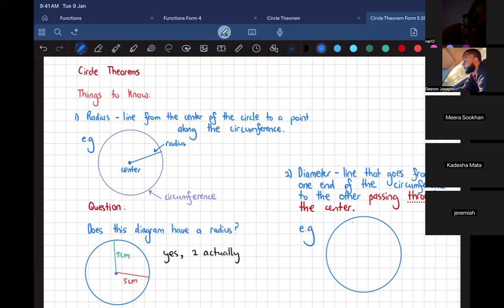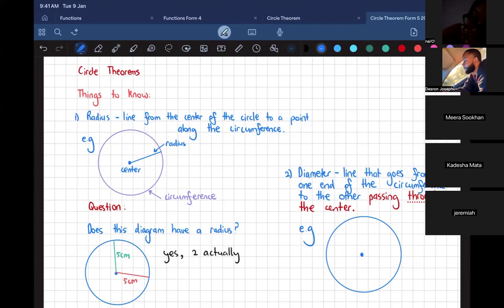So if I were to draw a line from one end to the other end, does it pass through the center? No, so that is not a diameter. That's another mistake students make. If it doesn't pass through the center, it's not a diameter.